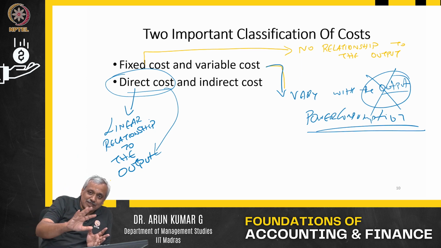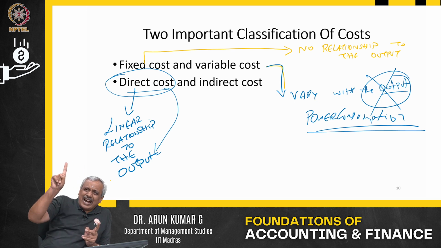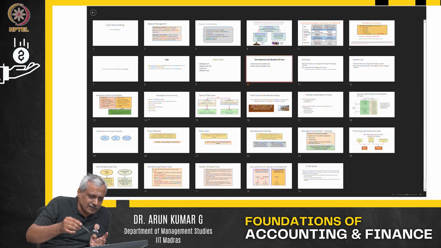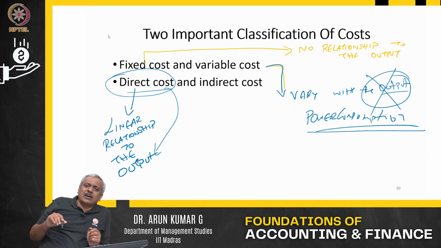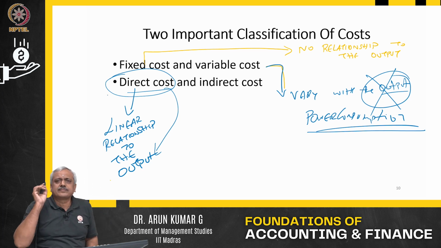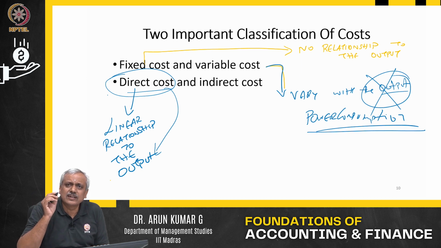So power consumption can also be two parts. Any expenditure that varies directly, linearly with the output, that has a linear relationship with the output, is called direct cost. 95% of the direct expenditures are variable cost.